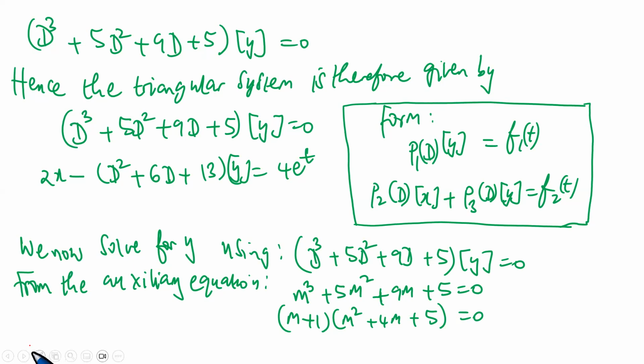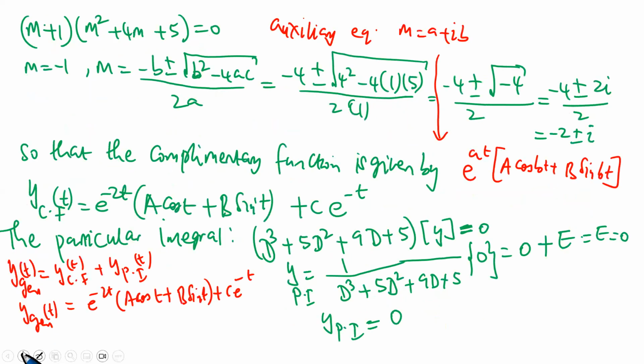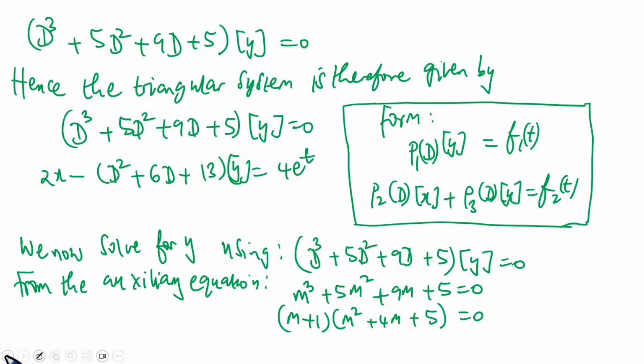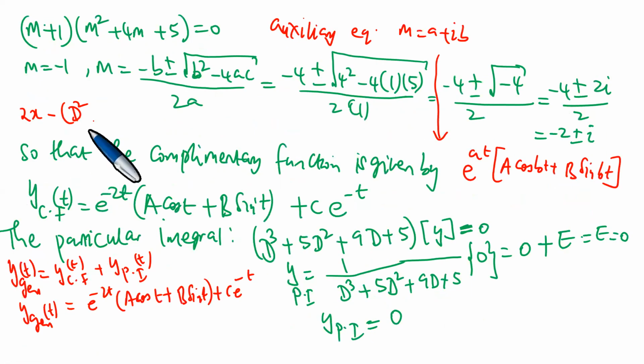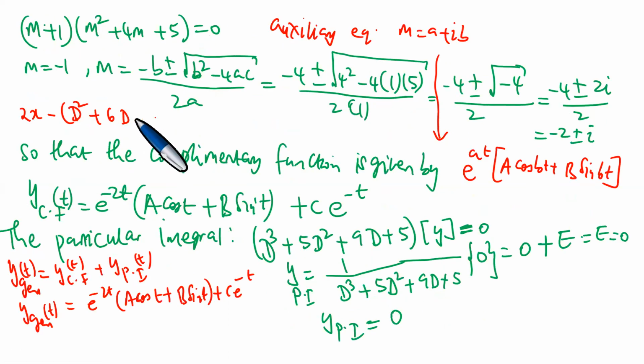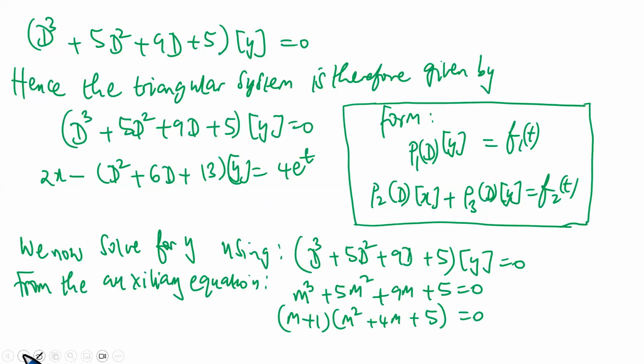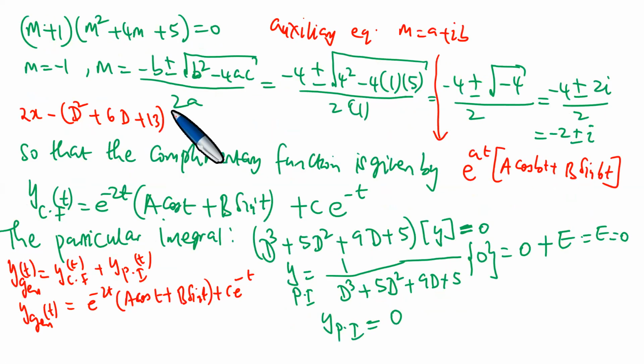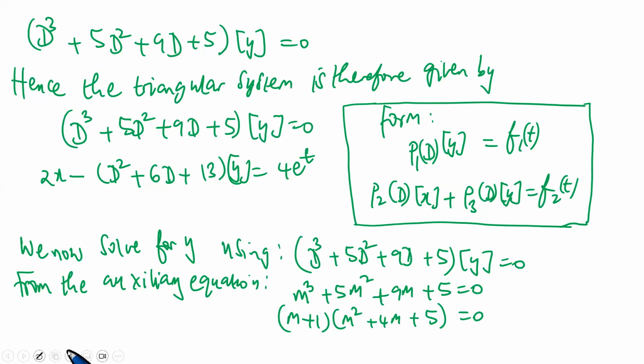So which means that we have 2x minus into that, 2x minus into d squared plus 6d plus 13, plus y equals 4e to the t.